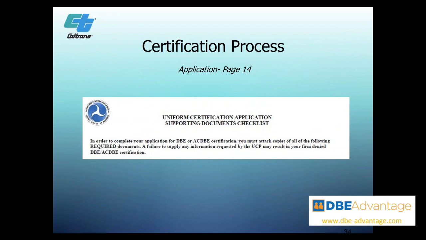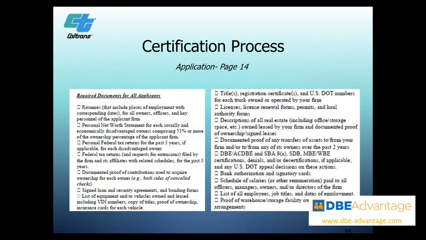Moving on, there is a checklist that you're going to be completing, and you are required to provide this information when you submit your application. Now, Susan, I believe as we go through this, there is information that's required for everybody, right? And that's what this page is. Correct.